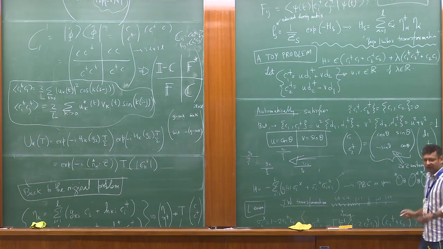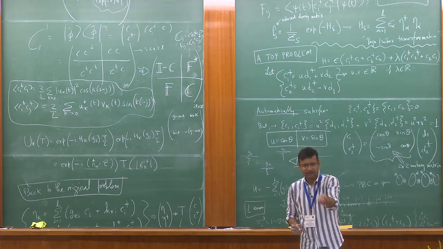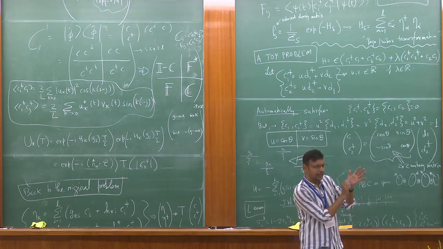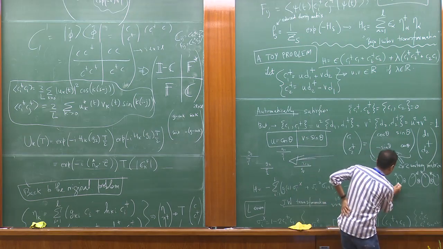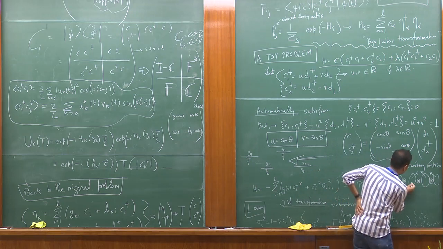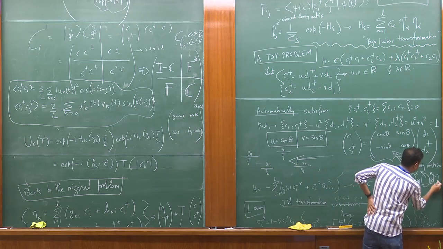And of course, for the undriven problem, I need to give you a starting wave function. The starting wave function tells me an initial point on the Bloch sphere for all the Bloch spheres. So maybe the initial point here is this. Maybe the initial point here is this. Here it's maybe this. Here it's maybe that.